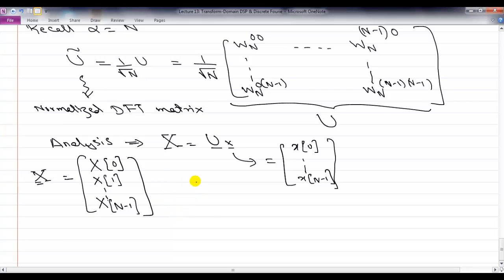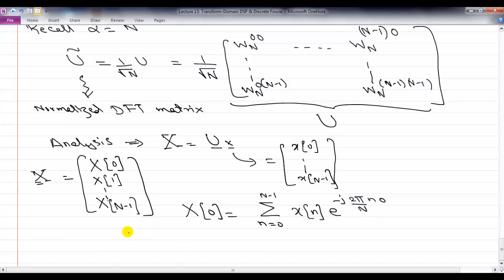So X of 0 is simply the summation of x[n], n equal to 0 to N minus 1, e to the minus j 2 pi over N times n·0.